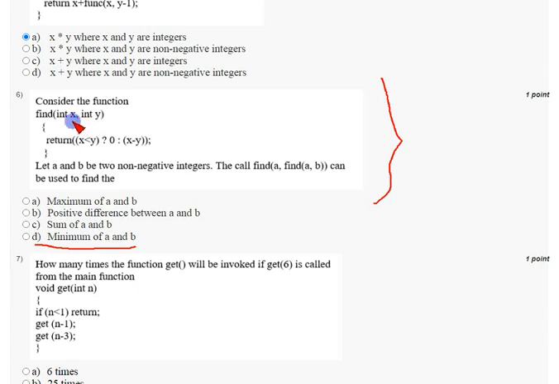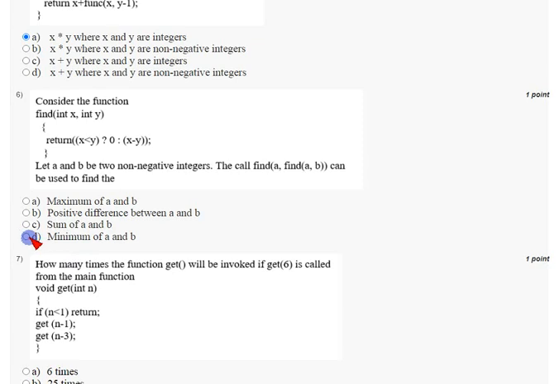Both resulted in the answer 2. That means the minimum of those two variables. So option D can be the correct answer for the sixth question.